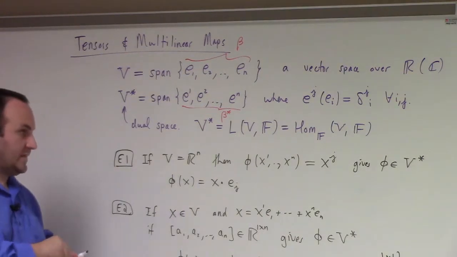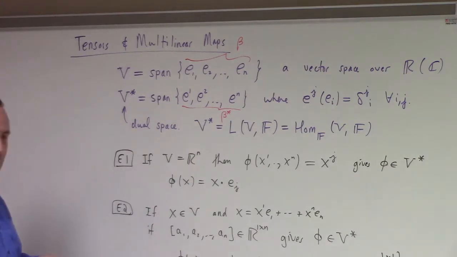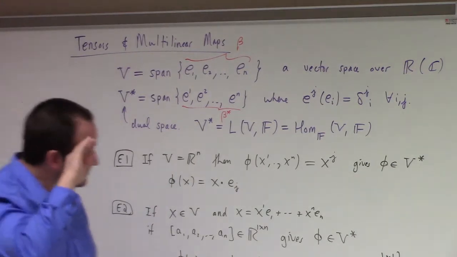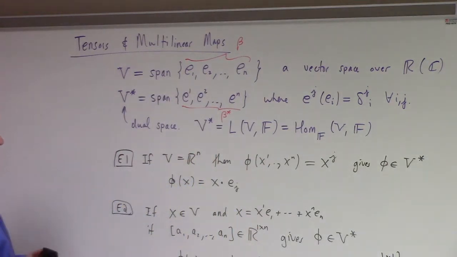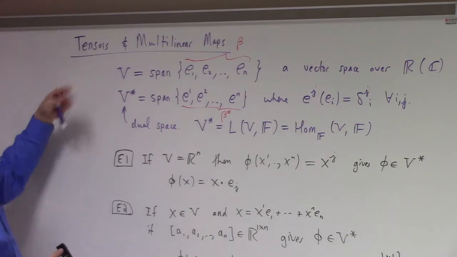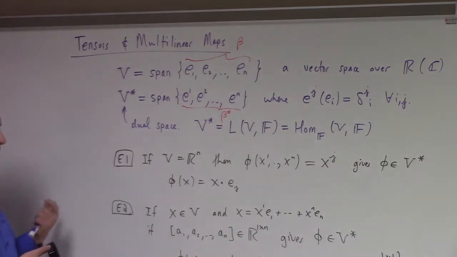From the viewpoint of category theory, that's not a natural isomorphism. However, if we change the category a little bit, if we don't say that this is just a vector space, but a vector space paired with what's called an inner product, or I think I'd like to call it a pseudo-inner product, then there is a natural mapping independent of basis in terms of what's called the metric, or perhaps I should say pseudo-metric.